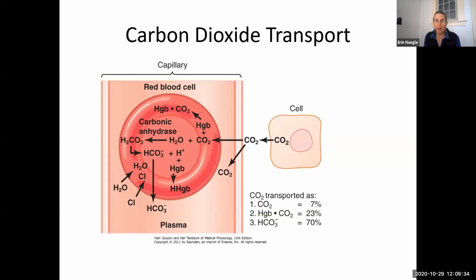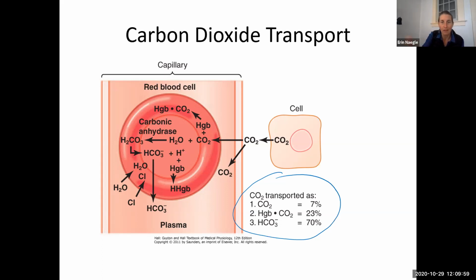As you can see, carbon dioxide transport is a little more complicated, so we're going to walk through that. The thing I want you to notice on this slide is that carbon dioxide is transported in three different ways.